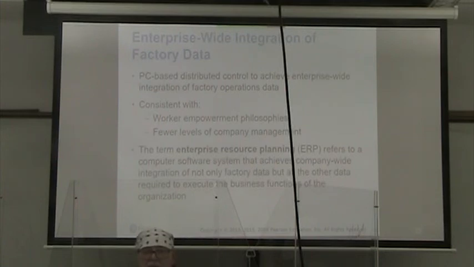So, we often use the term Enterprise Resource Planning, or ERP, to refer to a software system where we get a company-wide integration, not only of the factory data, but all the data that we need for our business functions in the organization.